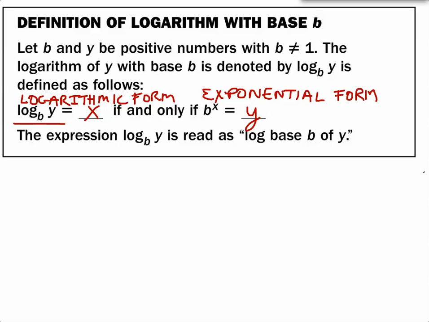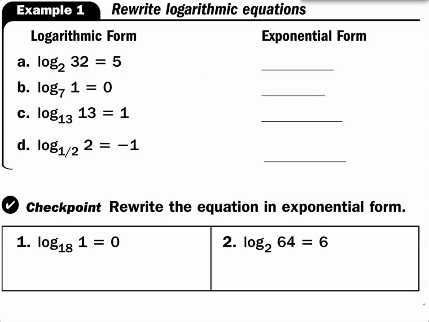So let's do an example here. At the bottom, on logarithmic form, for part A, it says log base 2 of 32 equals 5. So exponential form is 2 to the 5th equals 32. I gotta tell you, this is just so exciting.